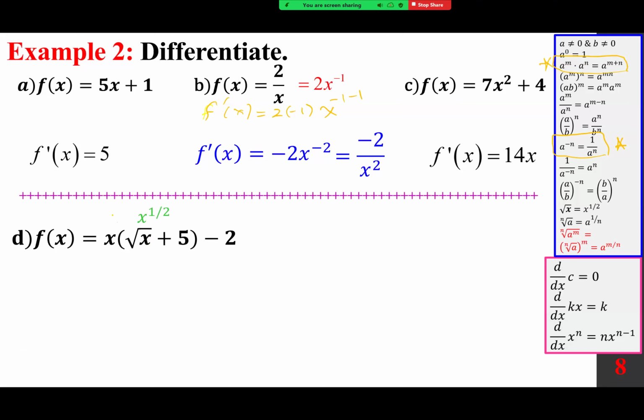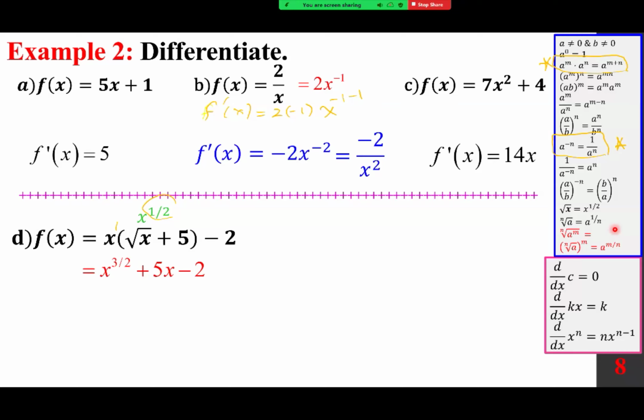The exponent here is 1. The exponent here is 1 half. So it's x to the power of 1 plus 1 half. So the product of these two gives you x to the power of 1 plus 1 half. That means x to the power of 3 halves, 5x minus 2.